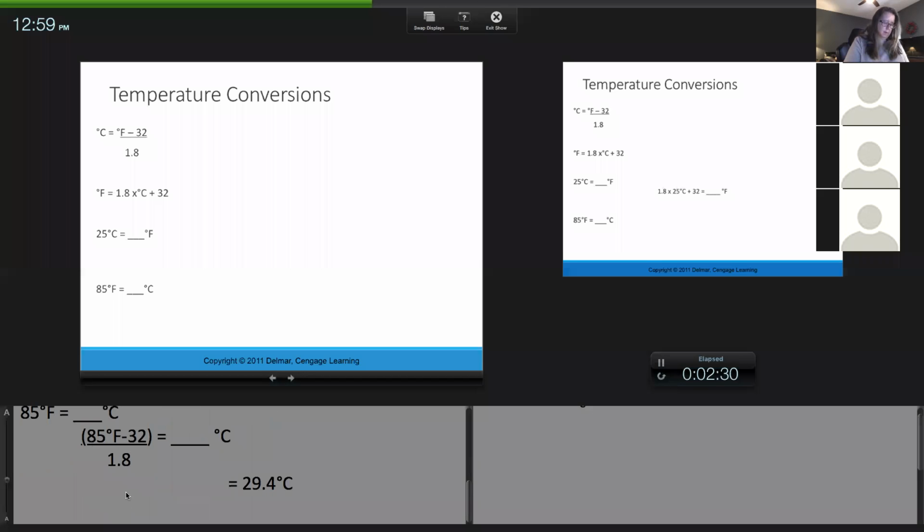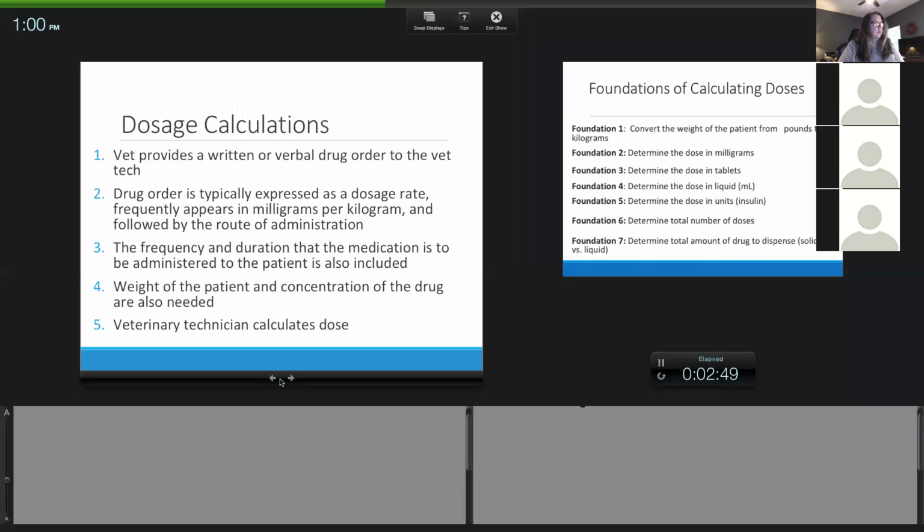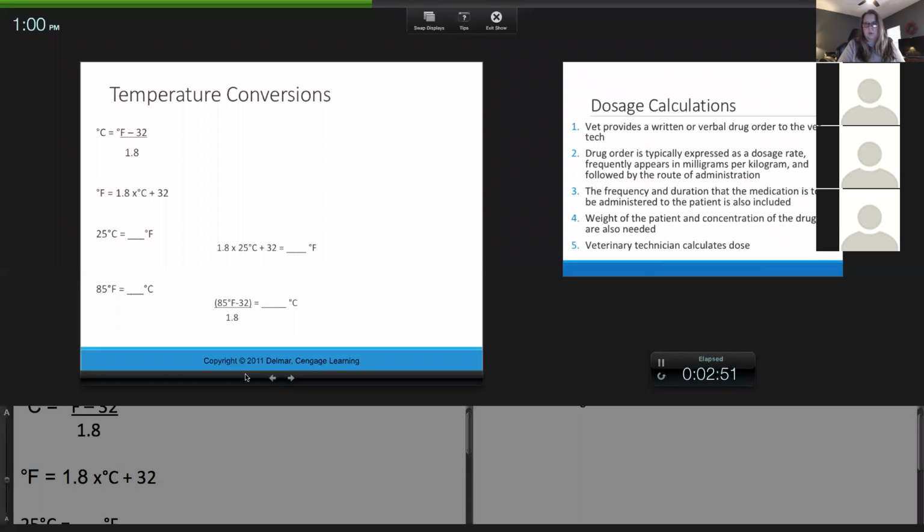So as I said, 53 divided by 1.8. Yes, and that gives you 29.4. And I will just tell you, clinically, they should be in the notes page, but most of the time you're going to have a thermometer working in Celsius and you have to convert their temperature to Fahrenheit. Because when we list normal temperature in animals, it's Fahrenheit, 100 to 102.5 Fahrenheit.